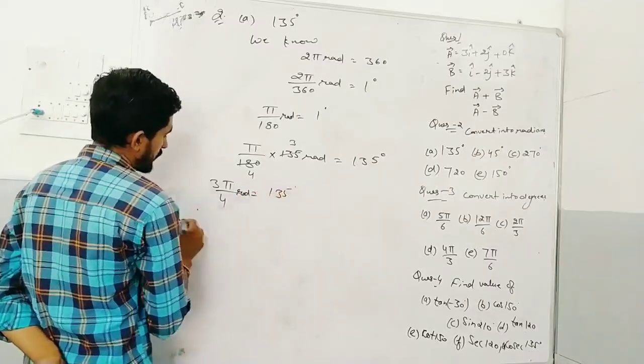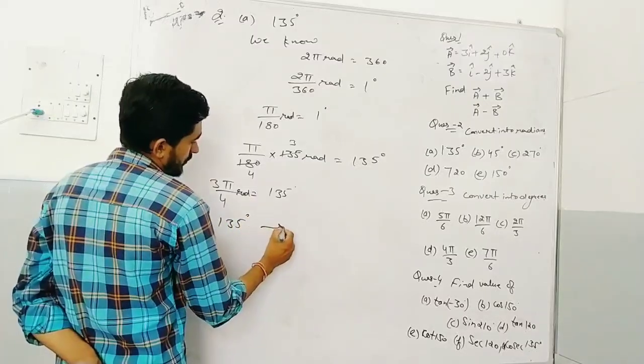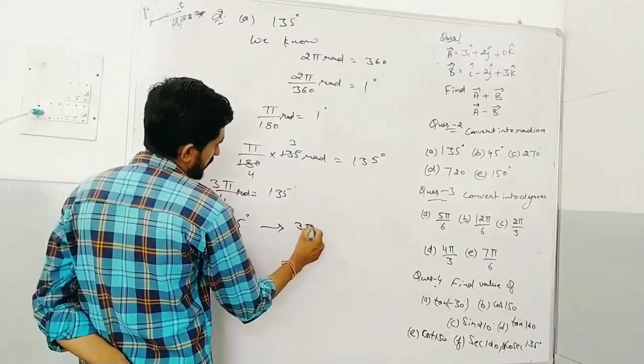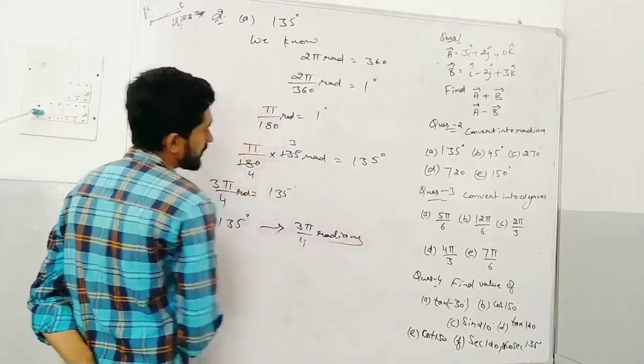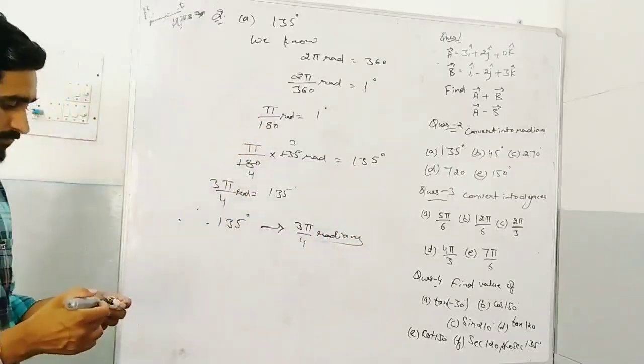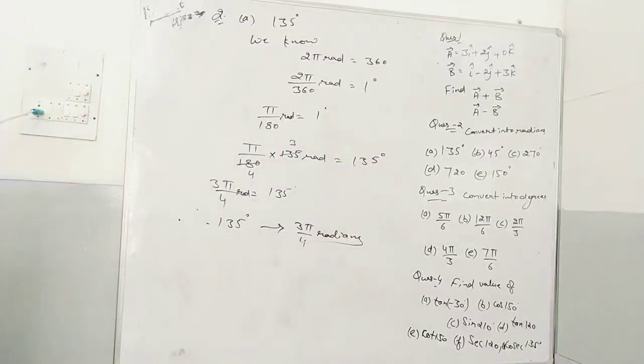Therefore 135 degrees is equal to 3 pi upon 4 radians. This is the A part of question 2, if you want to note it down faster.